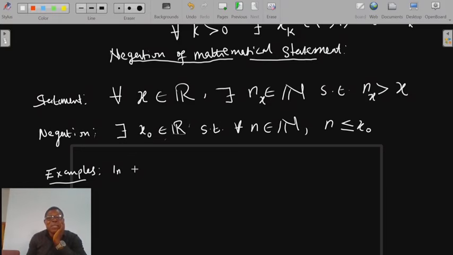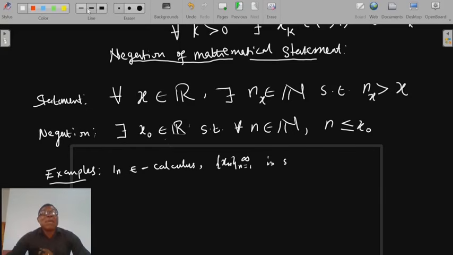In epsilon calculus, a sequence x_n, n equals 1 to infinity, is said... In fact, let me leave this for now until I bring in things that will help us.